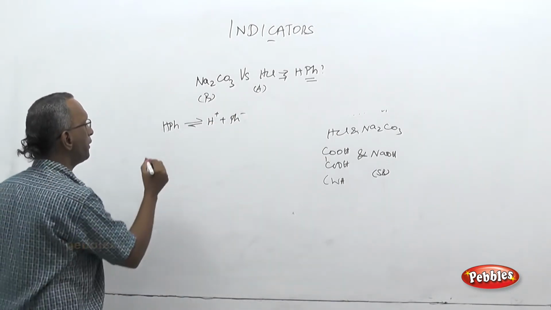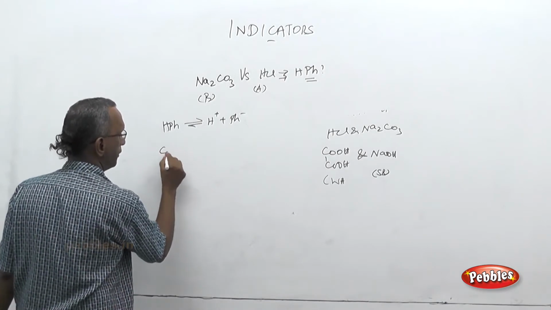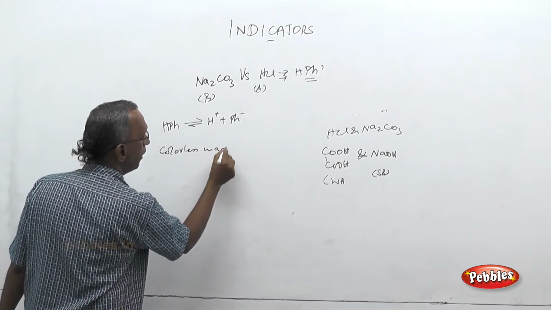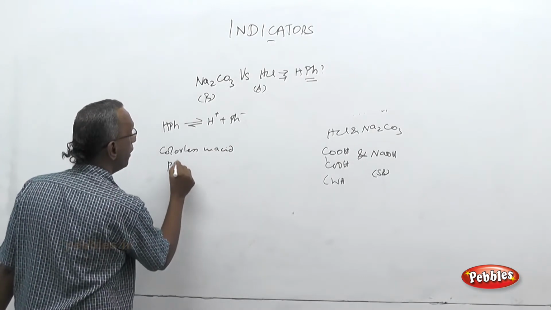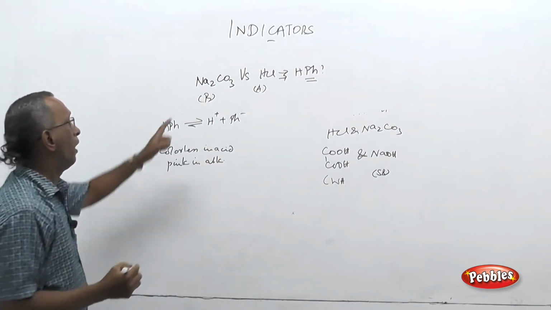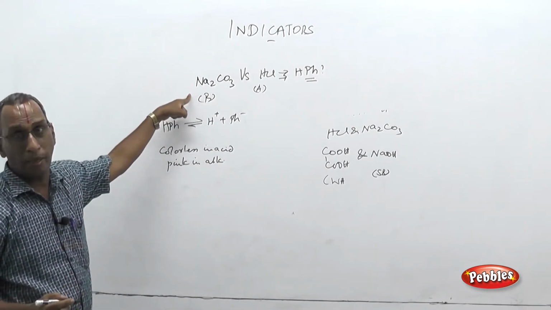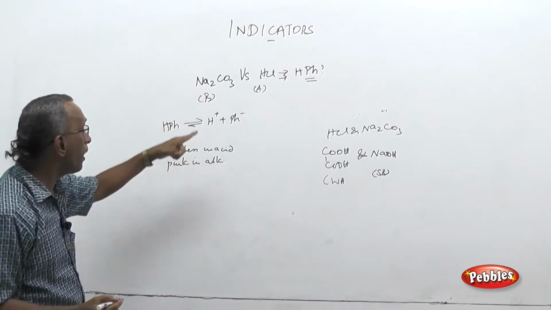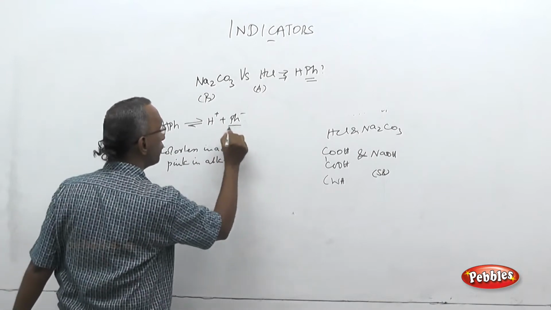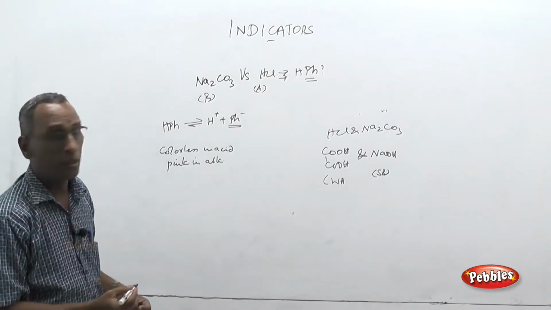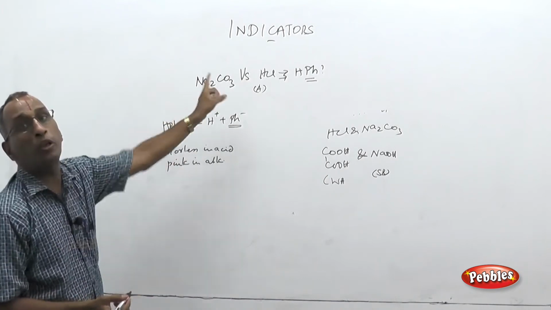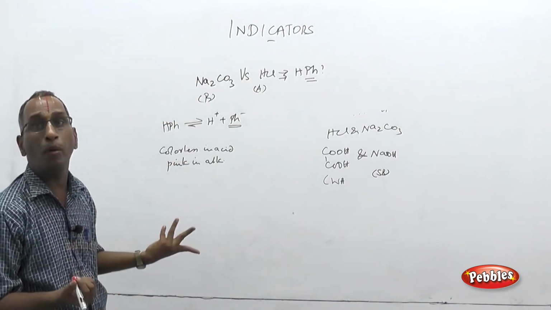It is colorless in acid and pink in alkali. Here the alkali is sodium carbonate. The pink color is generated because of the phenolphthalein anion. It will not be so pink if it is put in sodium carbonate, so there will not be a color change.